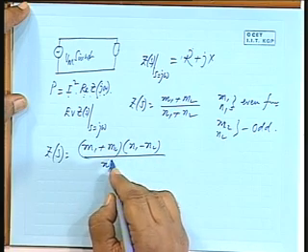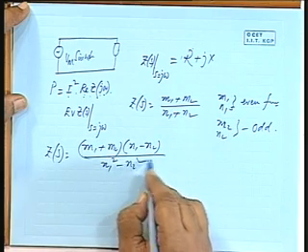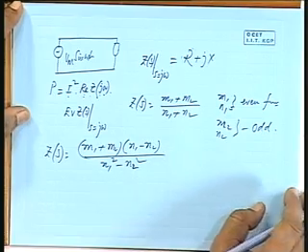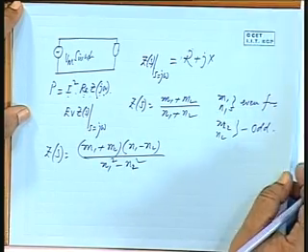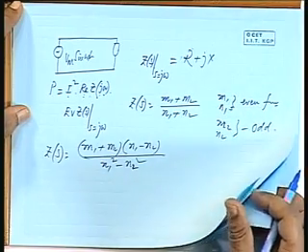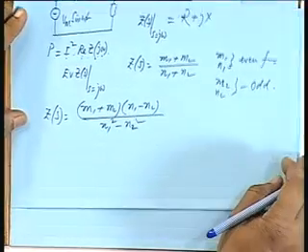So, that denominator will become N1 square minus N2 square. Is that all right?